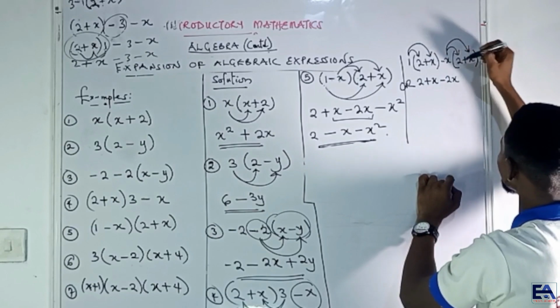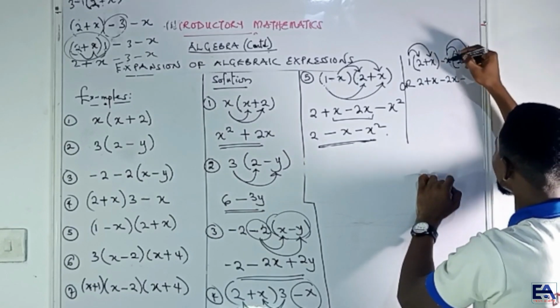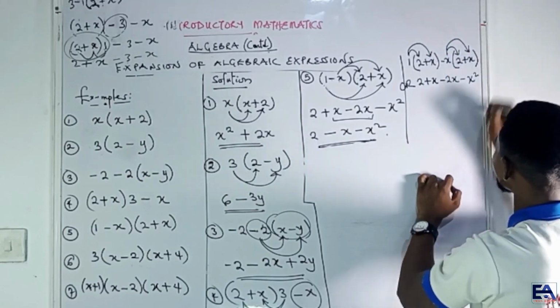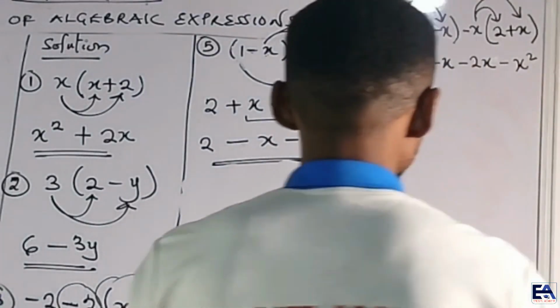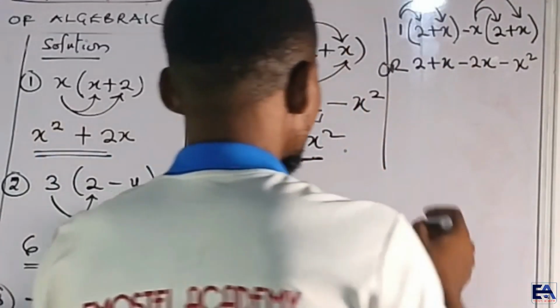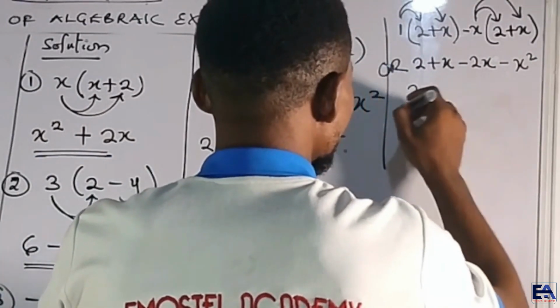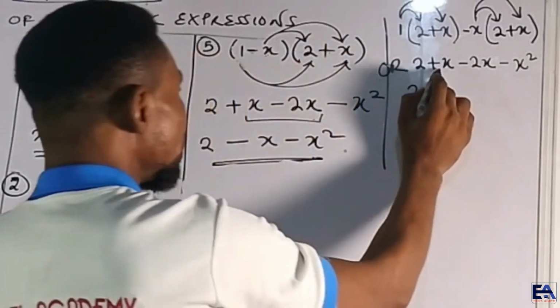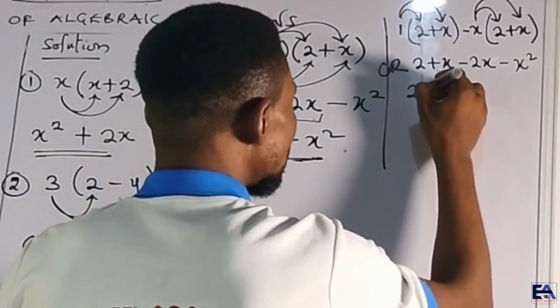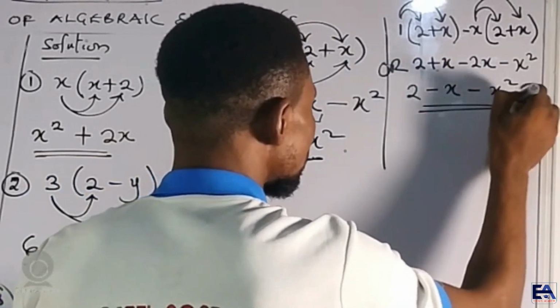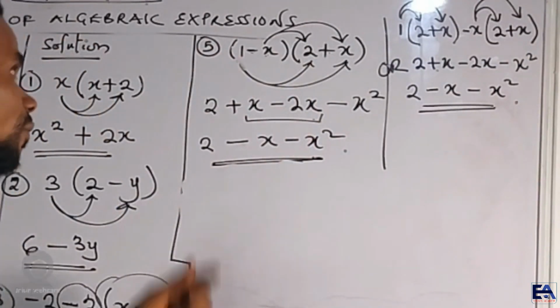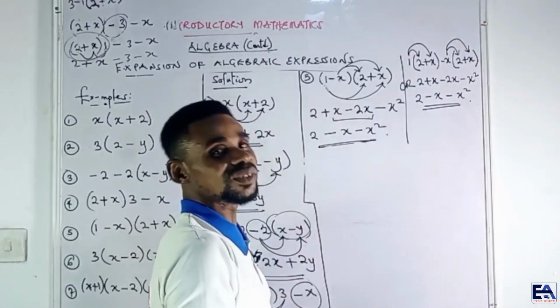And then minus times plus is minus, x times x, x squared. You get that? Then we collect like terms. However you have chosen to do it, you're going to get the same answer. So you collect like terms, you have 2, I'm having x and I'm owing 2x, then I'm still owing x. Then minus x squared, and that's the end. If you pick it the other way around, you're still going to get the same answer.